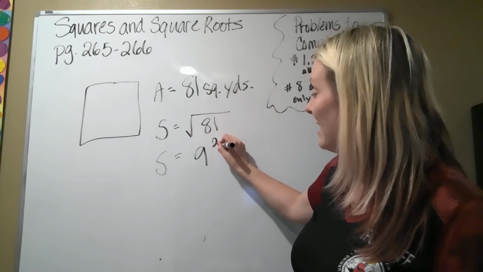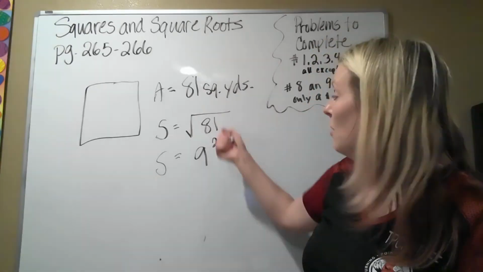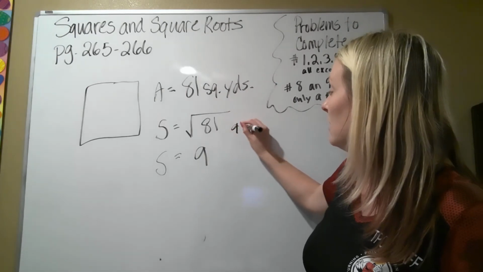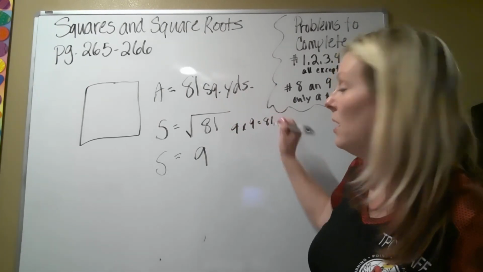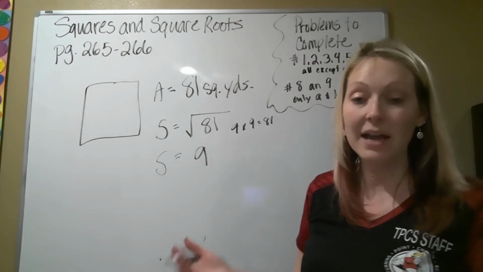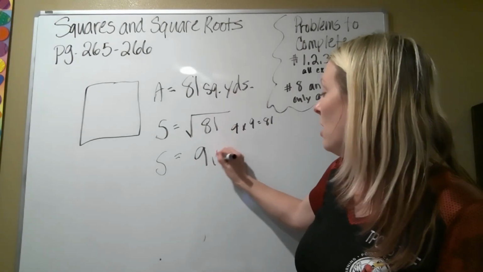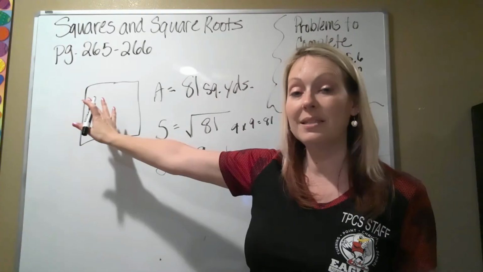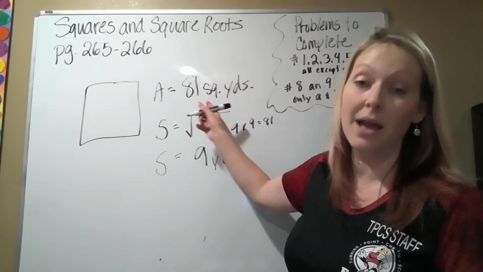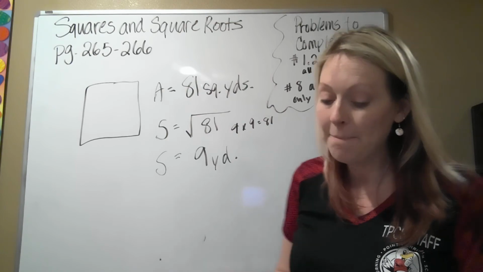So 9 times 9 would equal 81. So I know that the side is 9. 9 what? 9 yards. Now remember, when I go back to the side, that's when I just have the yards, but when I go to the area, I have the square yards, okay?